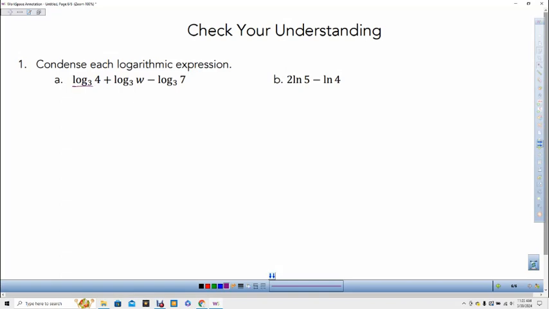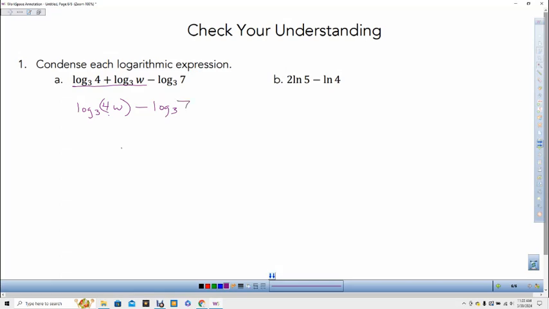So if we just combined these two right here, we would end up with a log base 3 of 4W. And then we still have this minus log base 3 of 7 that we haven't touched.